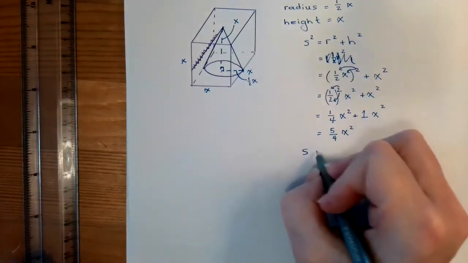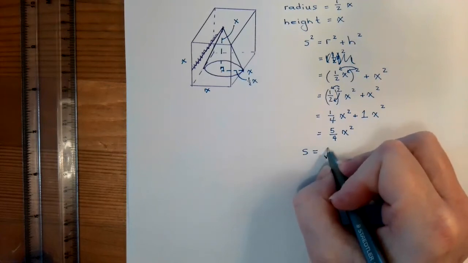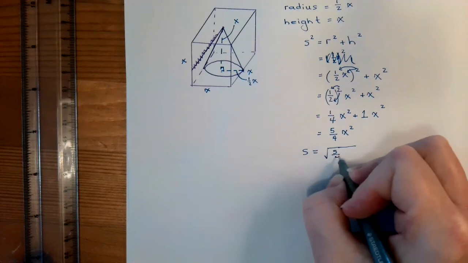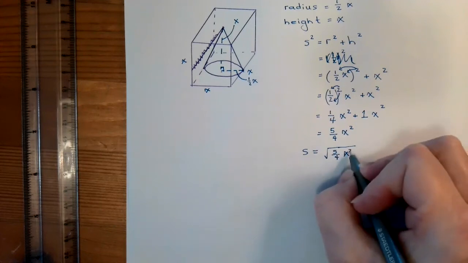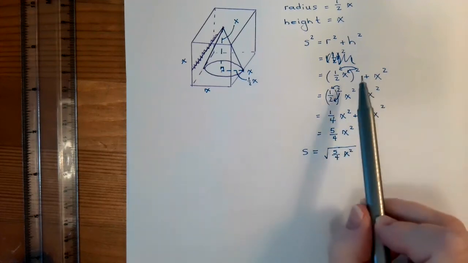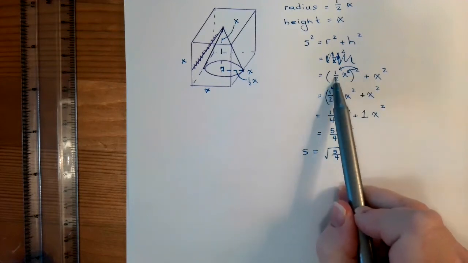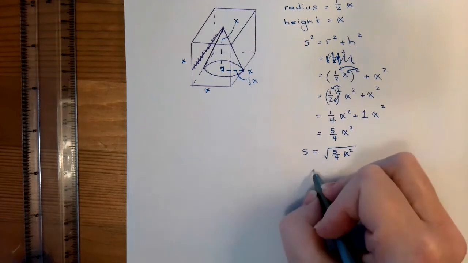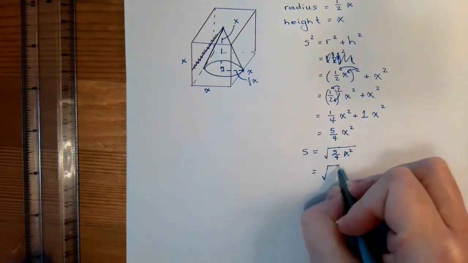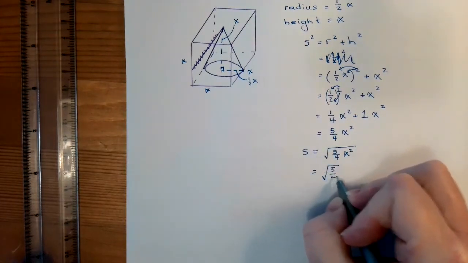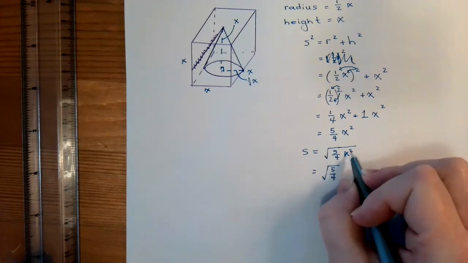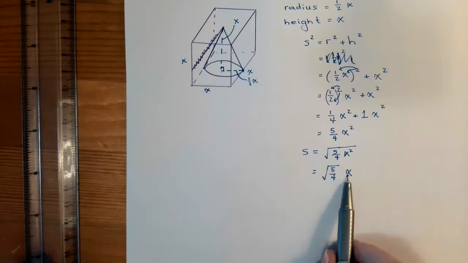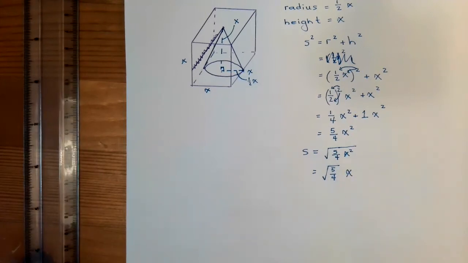So my slant height is going to equal the square root of 5/4 x squared. Just like before, the square root goes with the 5/4 and the square root goes with the x squared. When you take the square root of x squared, you just get x, because x times x is x squared.